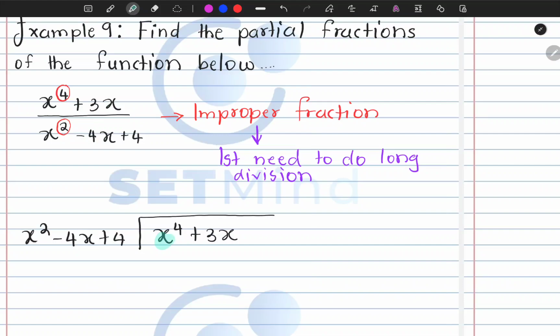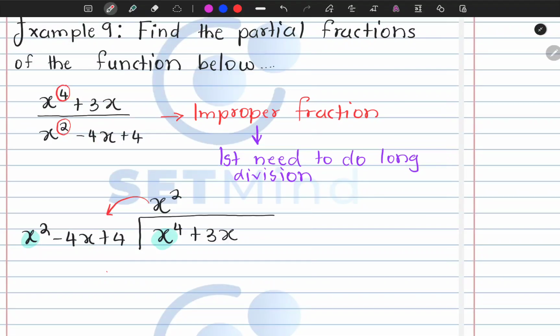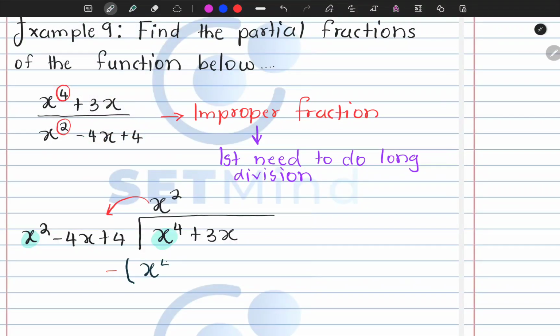So let's go ahead and divide. x to the power of 4 divided by x squared, the answer will simply be x squared. So we take the x squared and multiply what we have down there. And when it multiplies, we get x to the 4 minus 4x cubed, then plus 4x squared, like that.